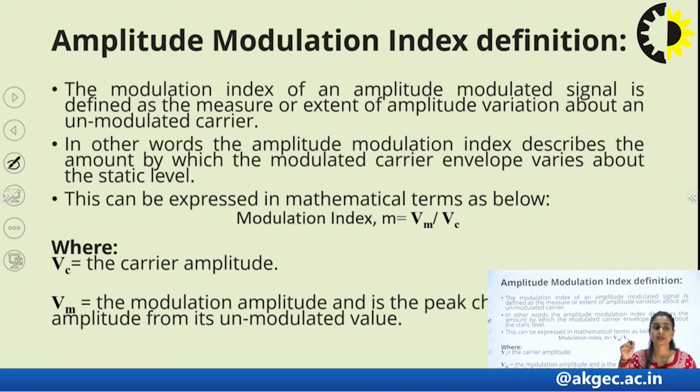How much variation in amplitude has actually occurred, that is my modulation index, and mathematically it can be expressed as a ratio of modulating signal amplitude by carrier amplitude, where VC is the carrier amplitude and VM is the message signal amplitude. It describes the amount by which modulated carrier envelope varies with the static level, right? True.